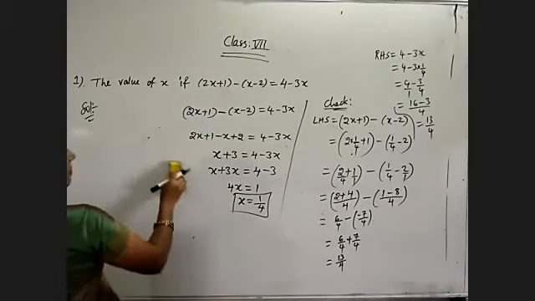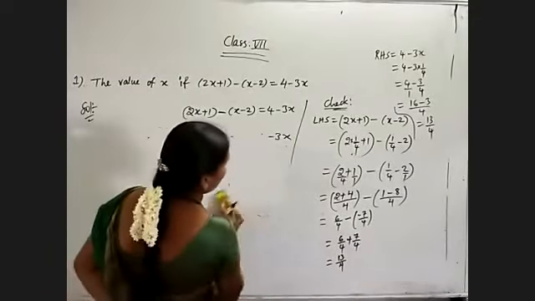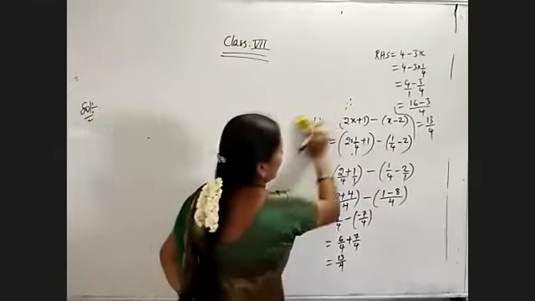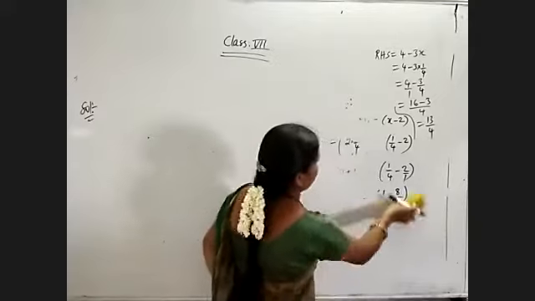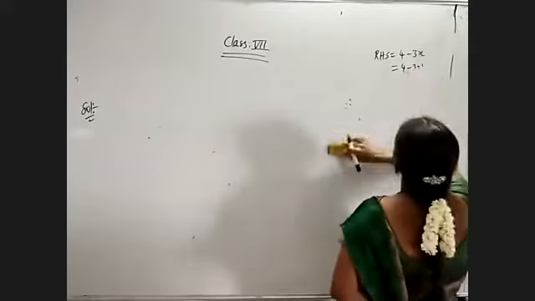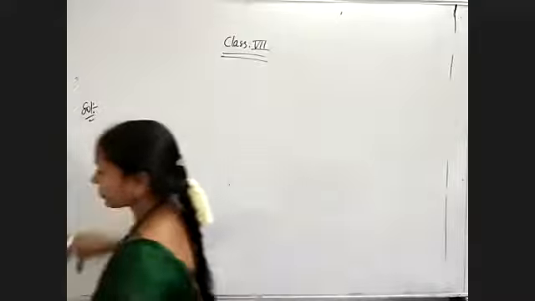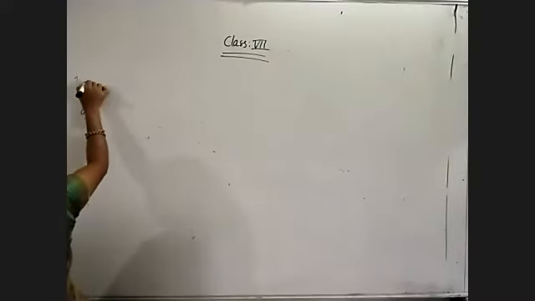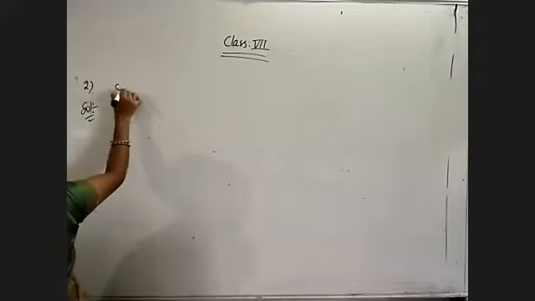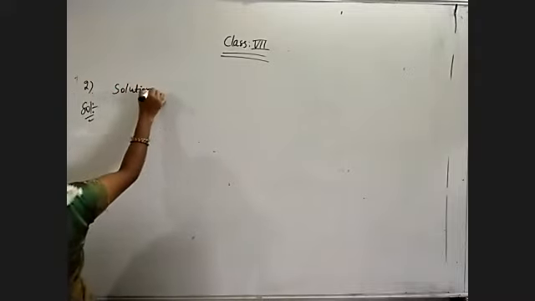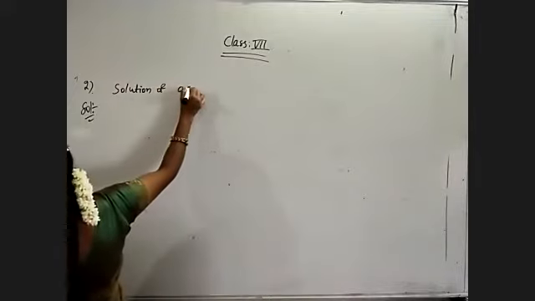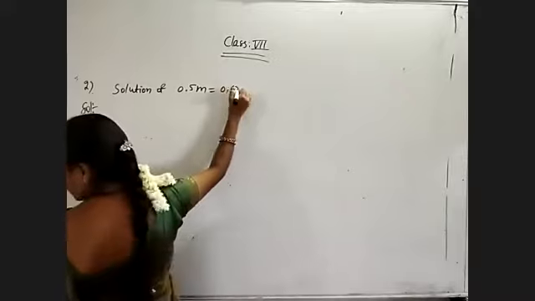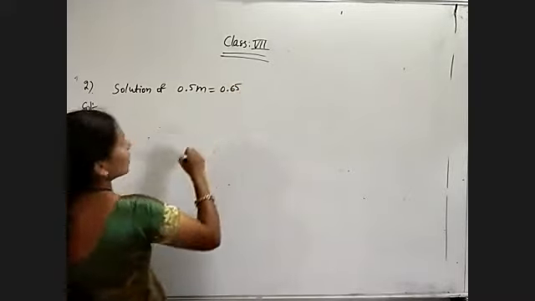When an equation is given with decimal numbers, in that case how do we solve it? Find the solution of 0.5 m is equal to 0.65.